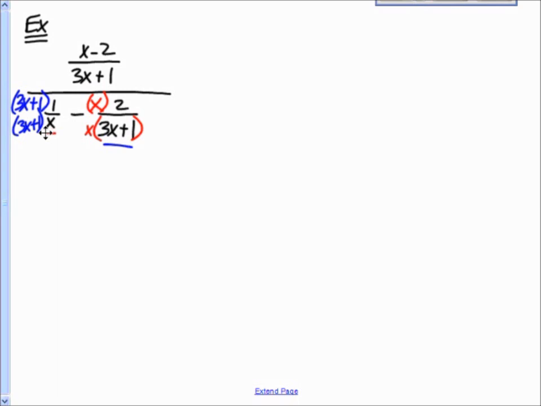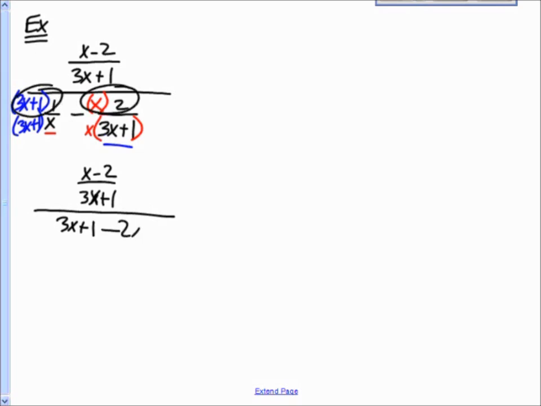So this becomes, the numerator stays the same for now, x minus 2 over 3x plus 1, all over 3x plus 1 times 1, so that part, minus the 2x, all over this common denominator x times 3x plus 1. Combine those.